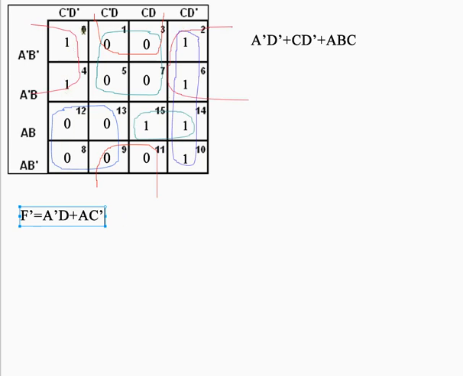So this strip and this strip right here correspond to B naught. It's B naught that does not change in these two strips. So then my result becomes A naught D, or A C naught, or B naught D.